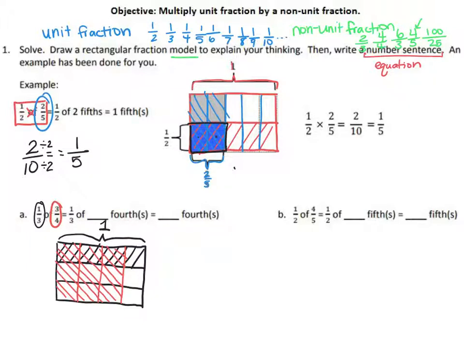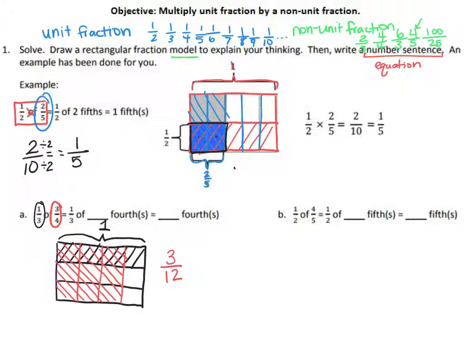So we are looking at the boxes, the parts that have both black and red, which is here, here, and here. So that is 3. So I know that 3 is my shaded part out of how many total boxes? 1, 2, 3, 4, 5, 6, 7, 8, 9, 10, 11, 12 boxes.